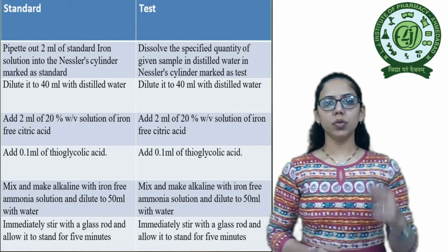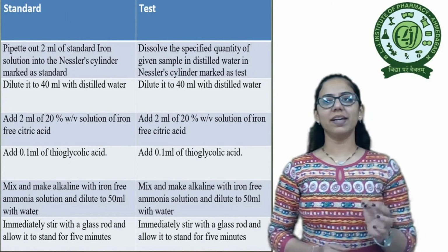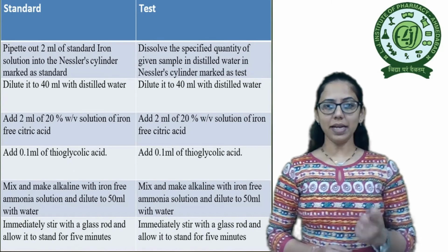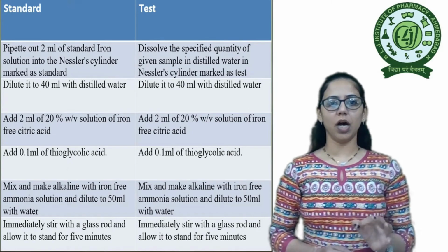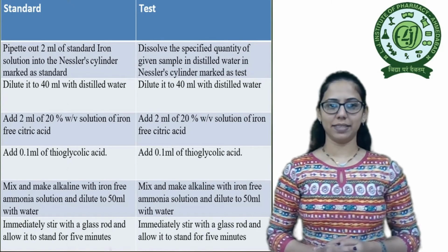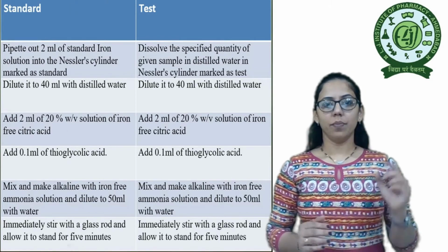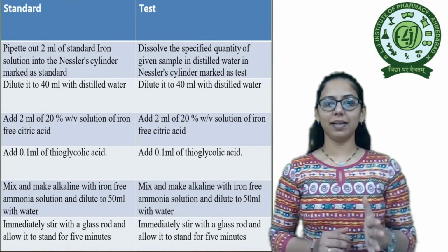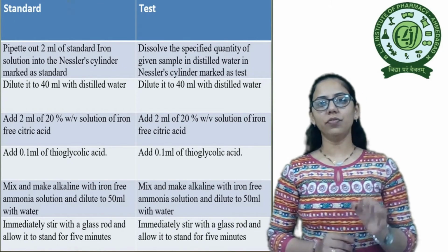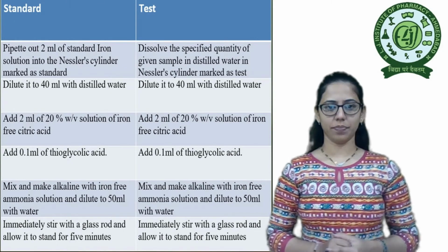Then add 2 ml of citric acid solution and add 0.1 ml of thioglycolic acid. Mix it thoroughly and make the resulting solution alkaline with iron-free ammonia solution.